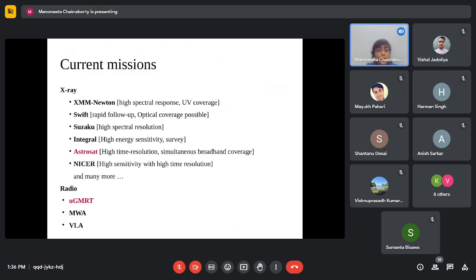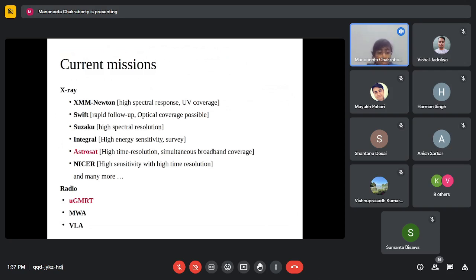We can use a bunch of X-ray observatories like XMM-Newton, Astrosat, Suzaku, Chandra, Swift, NICER, and no one is better than the other, depending upon the science case. Each of them has its own unique properties that can help us in chasing and finding the signatures that I have talked about for today's talk.